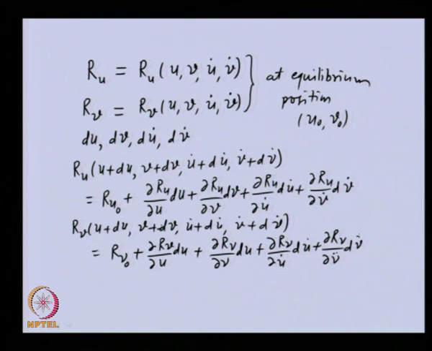Now you can see that this particular force is the force due to the initial equilibrium position and the disturbance. The change in the force in the u direction and v direction we can get by writing this particular u, which is a function of all those variables, minus its value at equilibrium.